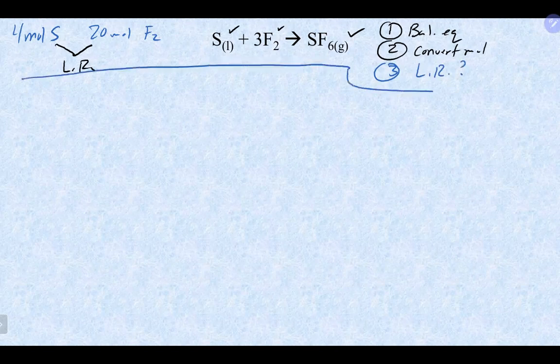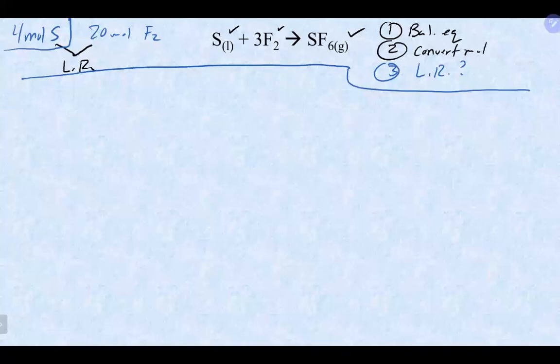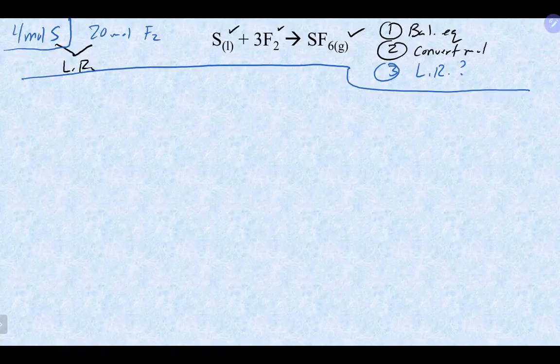To do that, we're going to do a very simple stoichiometry calculation between the two reactants. What we're trying to figure out, for example, is, I'm going to choose the sulfur in this case. If I want to use up all the sulfur that I'm starting with, how much F2 would I have to put in there?